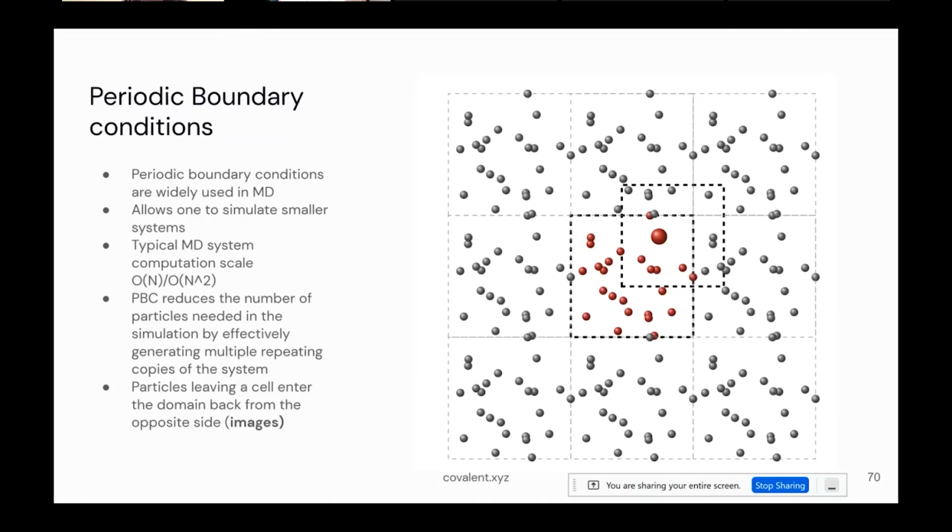Basically, you focus on a very small subset, which is the cell in the center, and those are the atoms that we will be simulating. But you compute the interactions in such a way that mimics a much larger system.